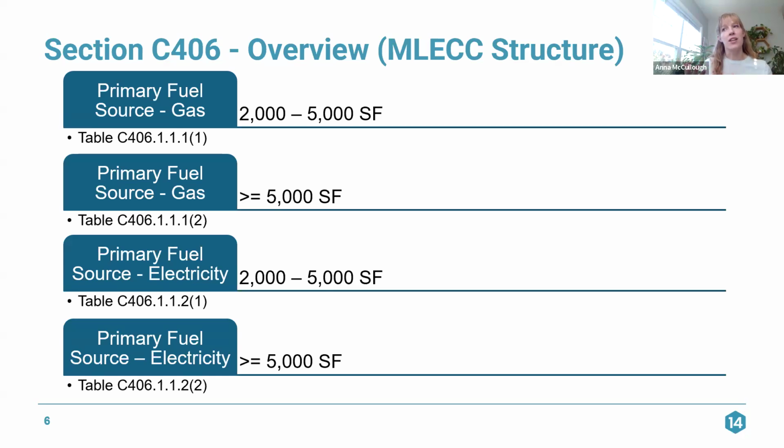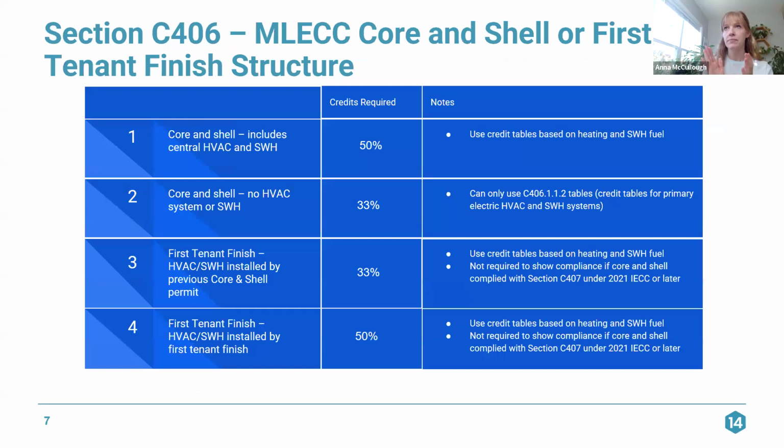And if you are greater than or equal to 5,000 square feet, there are higher point thresholds that you have to meet, and that puts you into the second table. Again, if you have that primary fuel source as electricity, you look at the next 2 tables based on your square footage. And I'm not going to run through all of those points and tables, but this is available for you to use and reference.